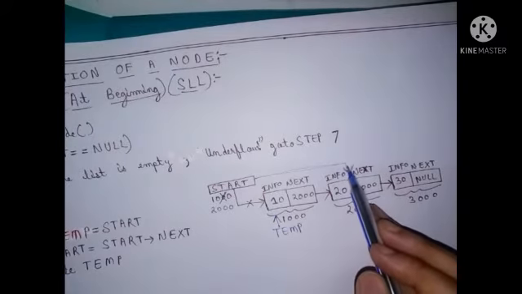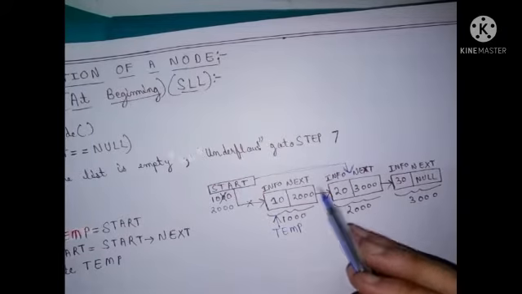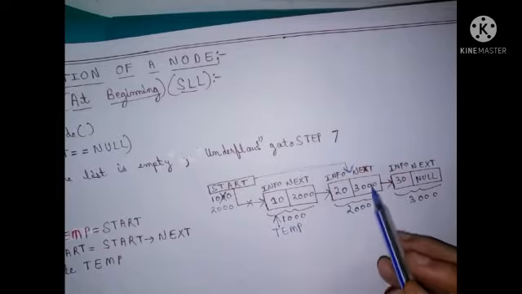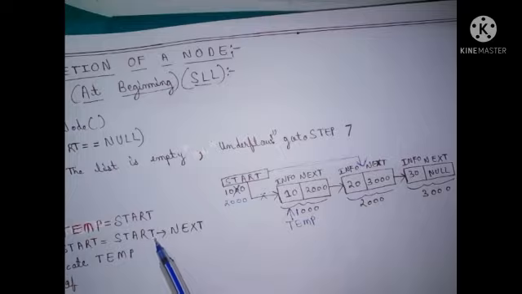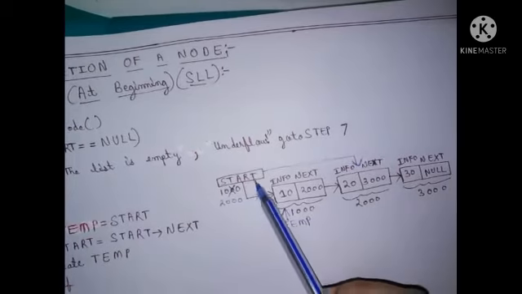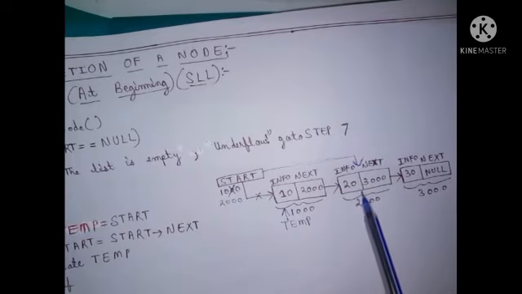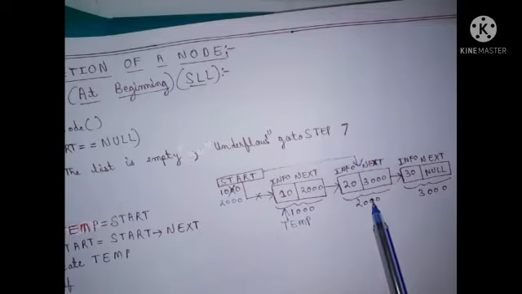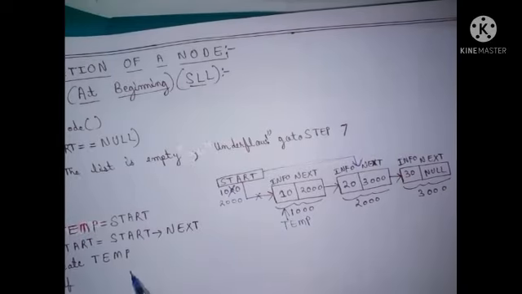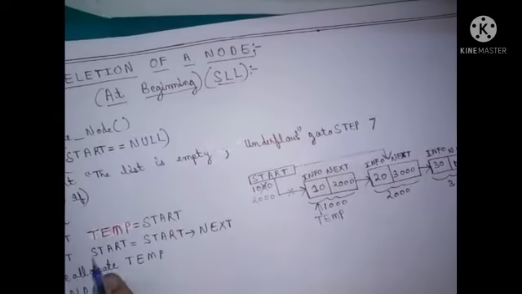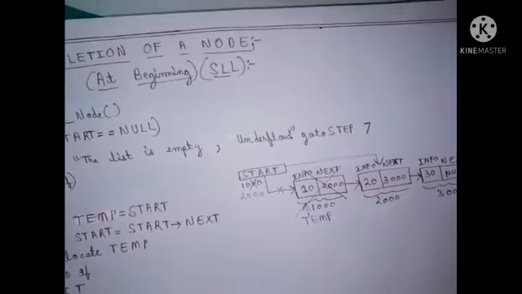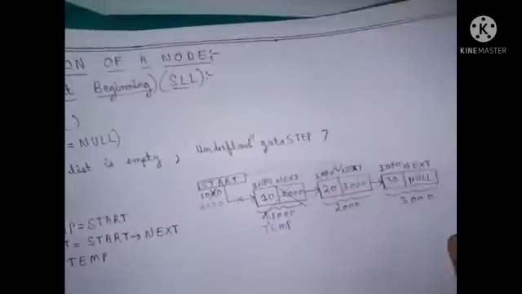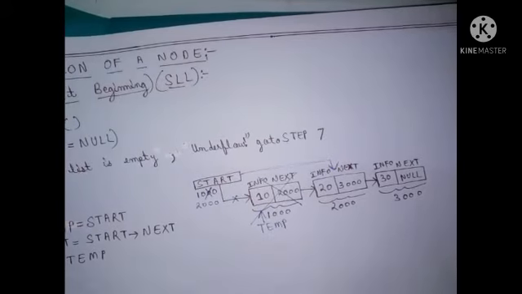So now the second node becomes the first node of our list. Then we will call the deletion function, that is deallocate temp, and after that the first node is deleted. So the node is deleted from the beginning of our single linked list.